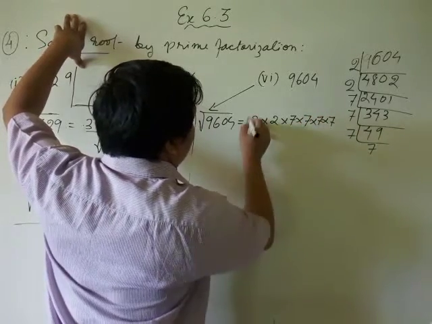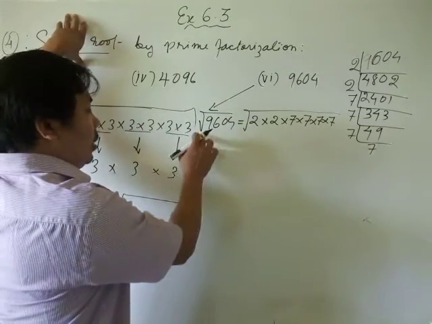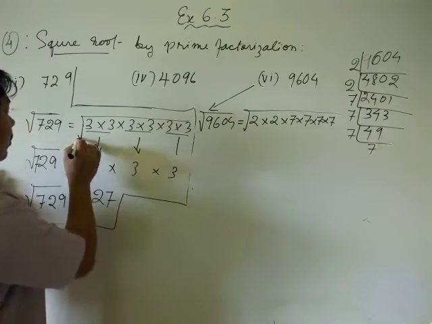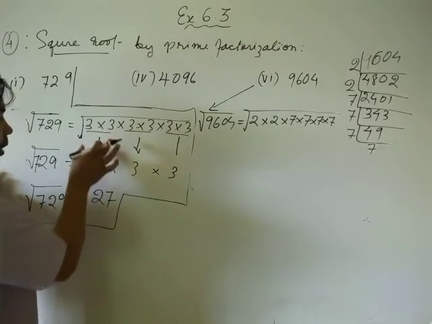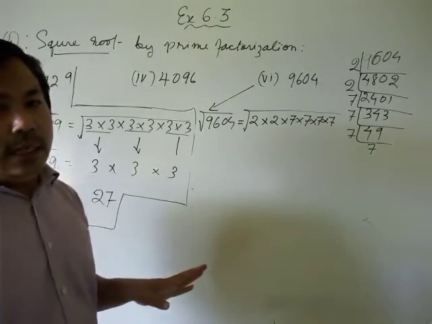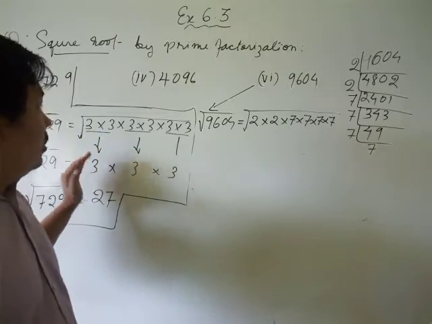This also must be under the square root, because the square root is already there. After you have taken one, you need to put the square root over it.